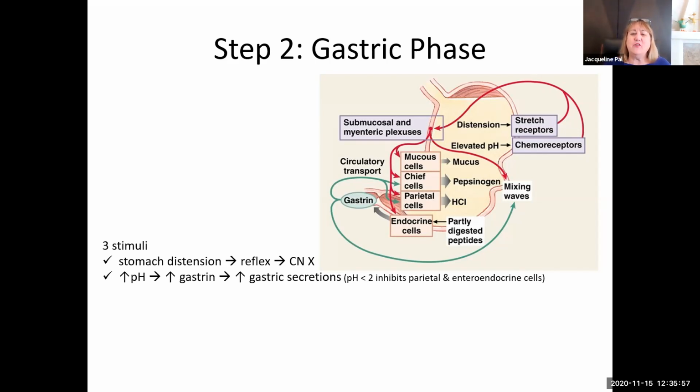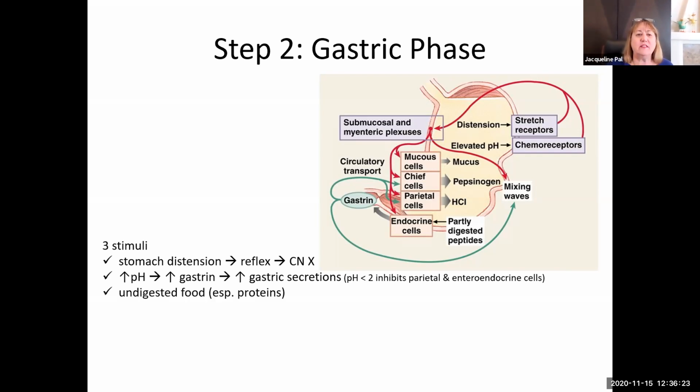If we didn't have food and we only had the pH from hydrochloric acid, then our stomach pH would be less than 2, and that would inhibit secretion from parietal cells, as well as our enteroendocrine cells that secrete gastrin. So the presence of food actually elevates our pH, which actually activates this process even more.